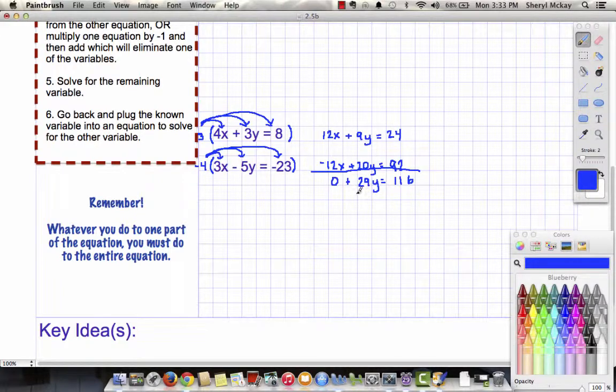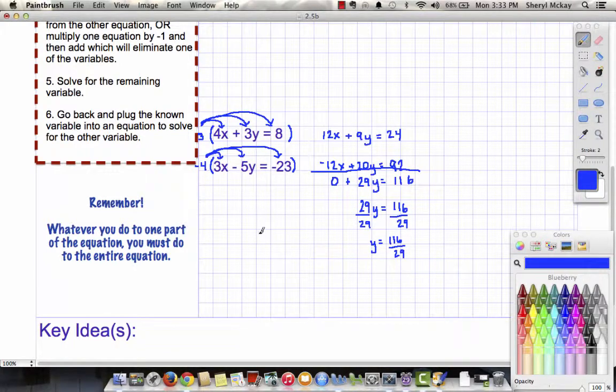This is interesting. So now I have 29y equals 116. And I am going to divide both sides by 29. And I have y equals 116 divided by 29.